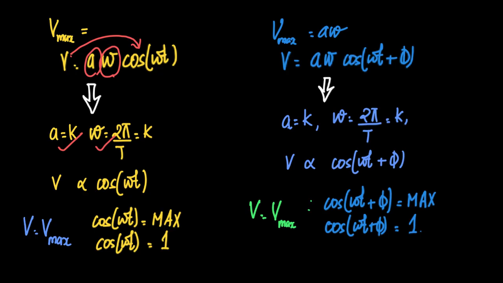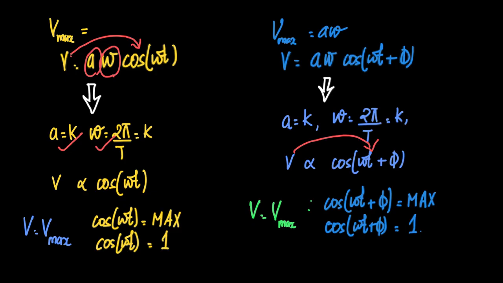Very similarly, a is constant, omega is constant, which means velocity is proportional to cos omega t plus phi. If velocity is proportional to cos omega t plus phi, it means velocity is minimum when cos omega t is minimum, and velocity is maximum when cos omega t is maximum.